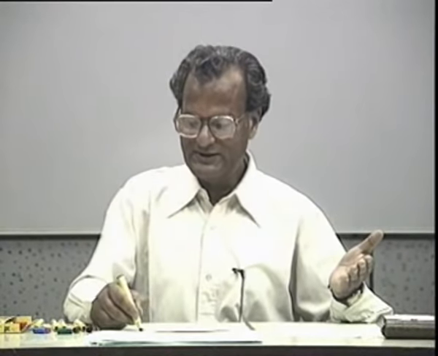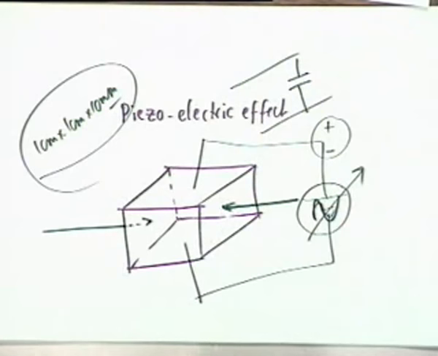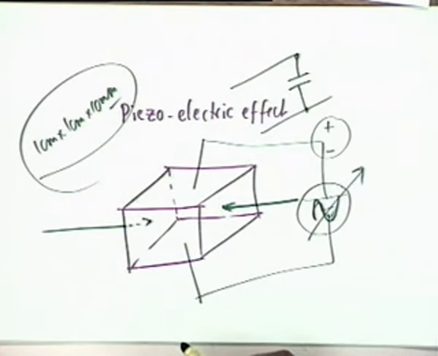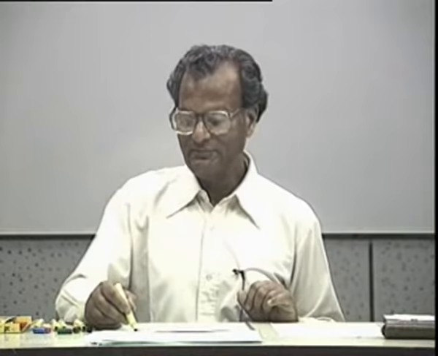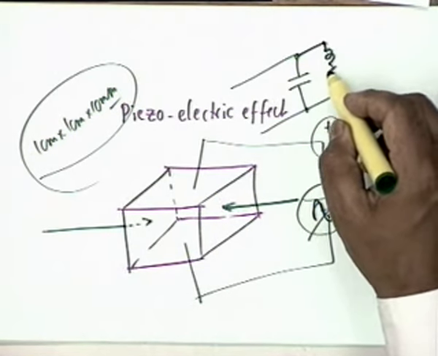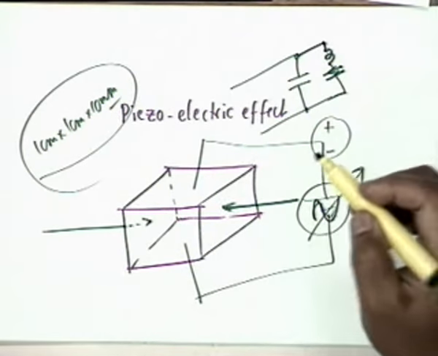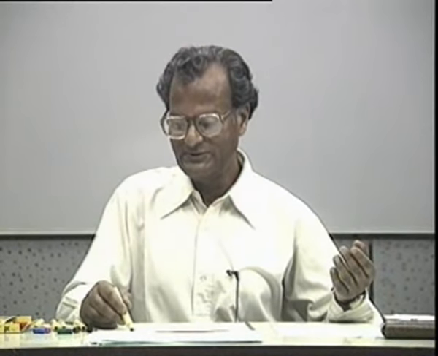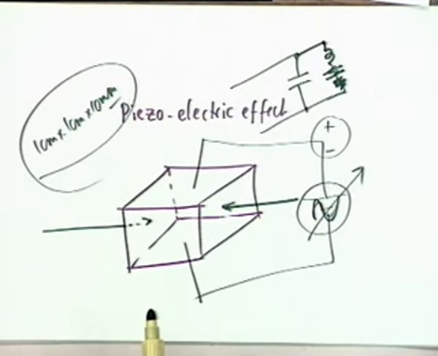Therefore, the equivalent circuit would be a capacitance between the two metal plates, and the bulk itself has mechanical resonance at a particular frequency. In parallel, the equivalent electric circuit would be a series resonance circuit, L and C. Unfortunately there is some dissipation also, and therefore you have a resistance.